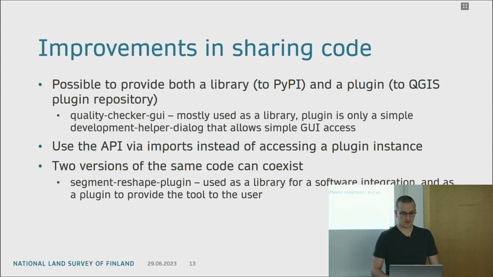And also with this structure, there can be two versions essentially of the same code. For example, our segment reset plugin, also in our GitHub, we use it as a library for another software integration, where we basically provide the same feature in another, like a remote editing application, and then we have it also available as a plugin to the user.